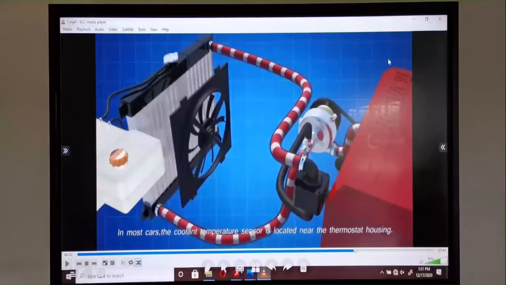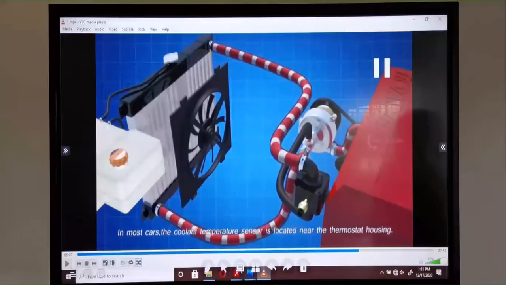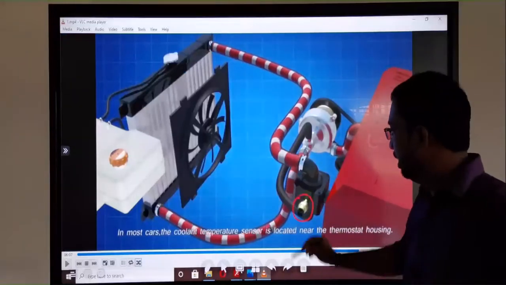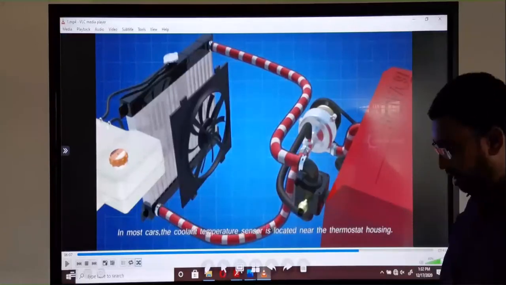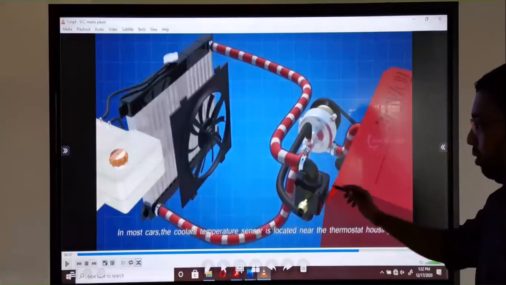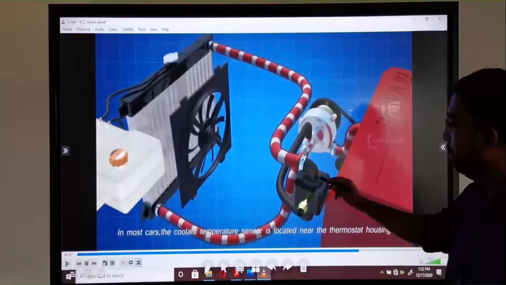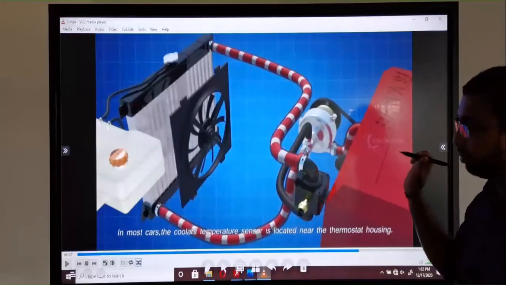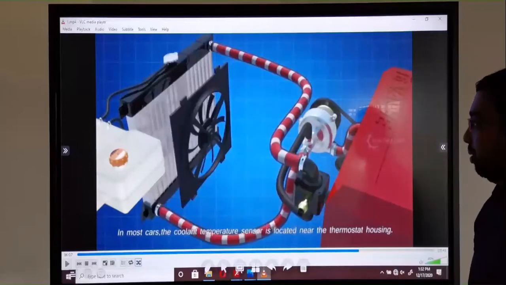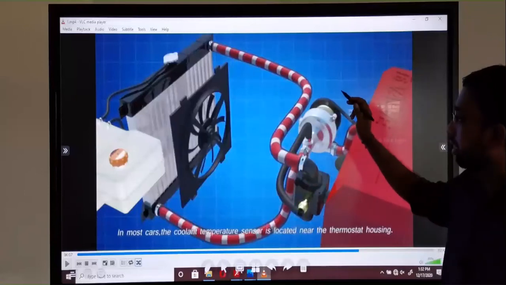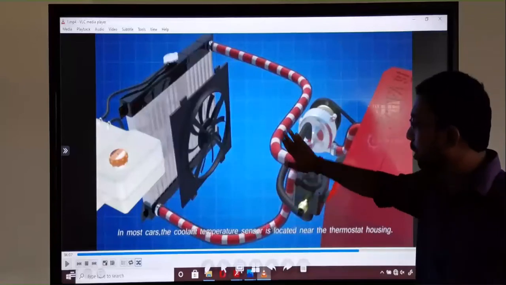Now we see the animation video. I have to tell one thing: here there is a sensor. This sensor measures the temperature of the engine or the thermostat. When the thermostat opens the main line at that temperature, that is when the radiator fan begins to work, because the coolant is sent to the radiator for the cooling process.